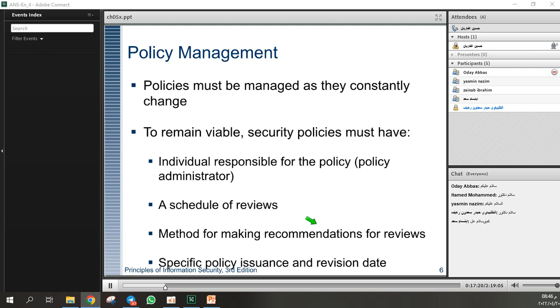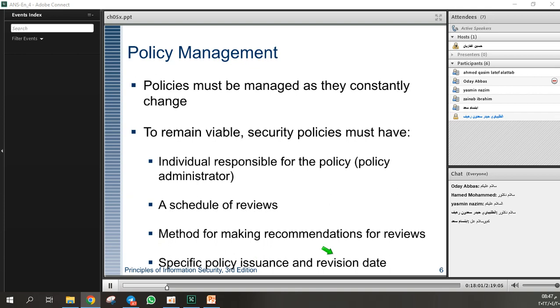If you want to review a policy, use this recommendation. For example, you can prepare a flow chart. Just follow this flow chart when you are reviewing.